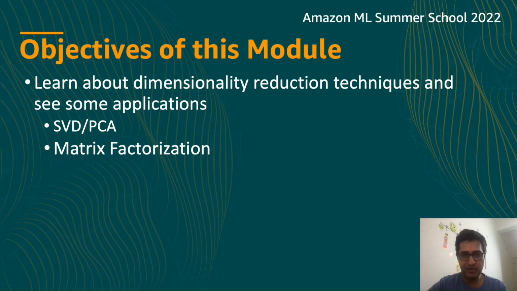We are also going to talk a little about where one applies which of these. We will touch very briefly on autoencoders and representation learning, but representation learning, embeddings and autoencoders are a big area in themselves, and that's probably a story for another day. In this module, we will restrict ourselves to SVD, PCA, and matrix factorization.